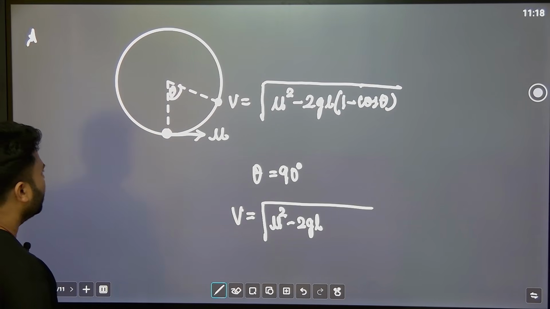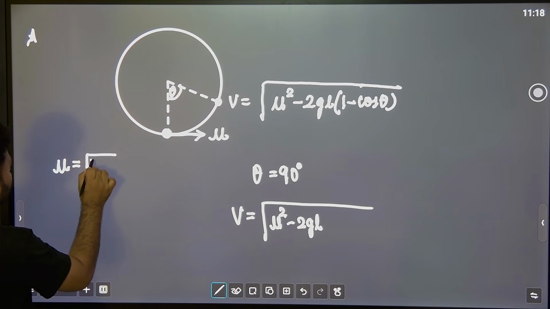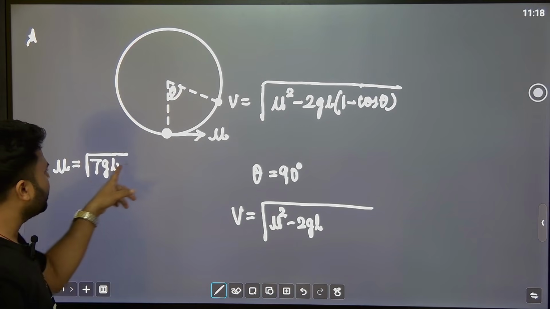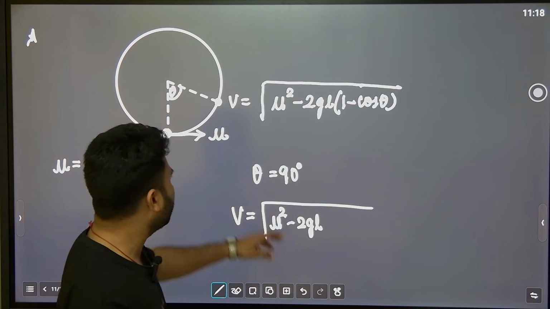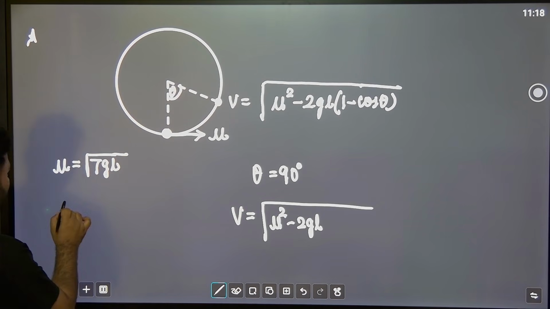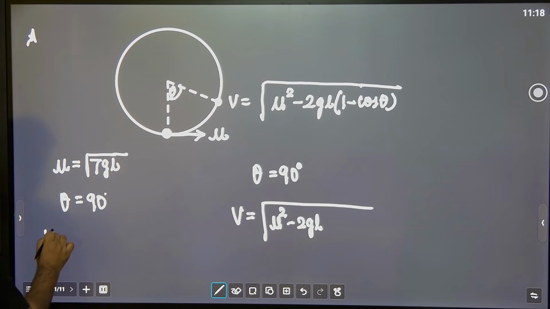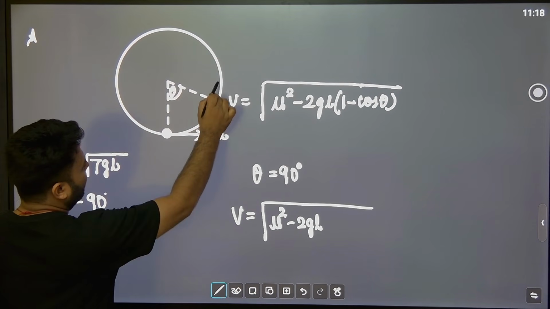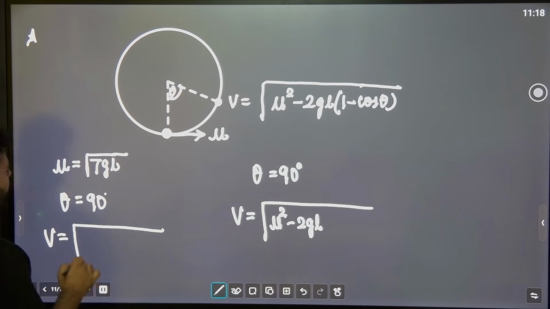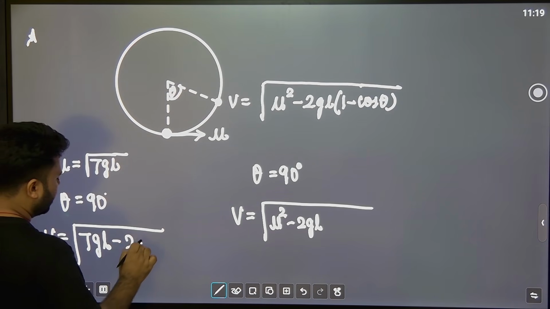Correct. For example, u they have given as under root 7gl. This example I am taking. And they are asking what is the speed here, where theta is 90 degree. So at this location, under root u square, that is 7gl, minus 2gl.